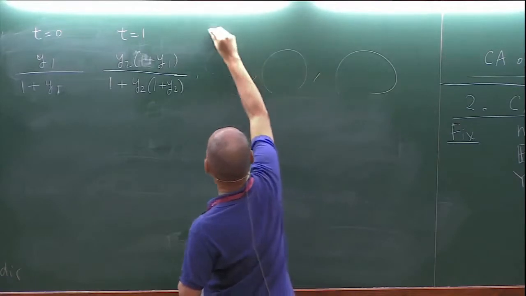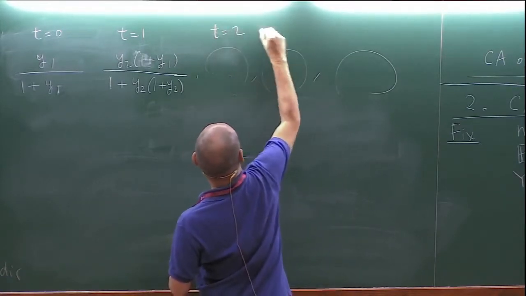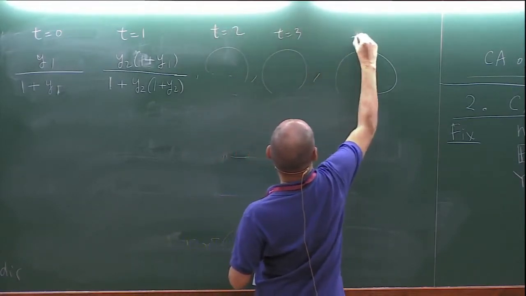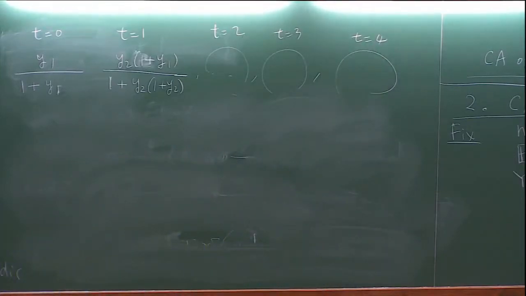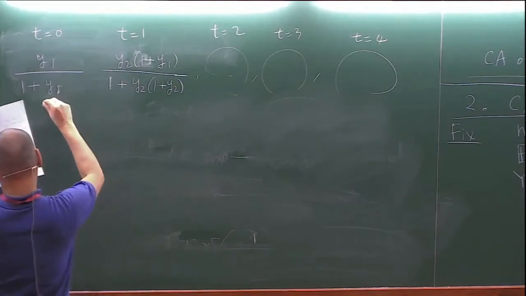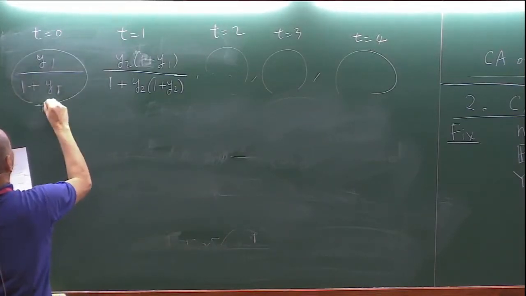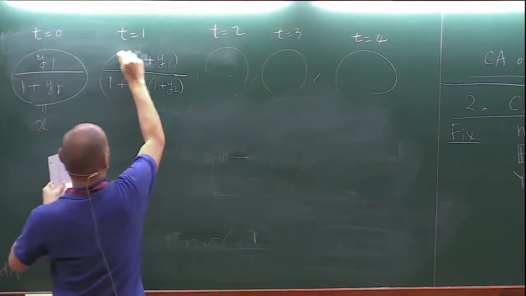So there are 2, 3, 4, and you just plug those things into this. It looks complicated, but nevertheless, you simply set this is x, and this is y.